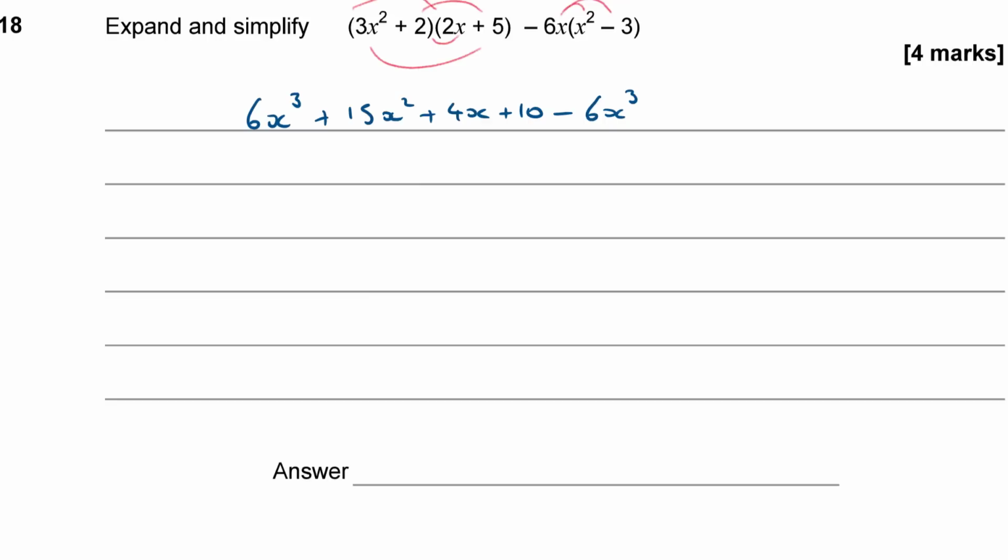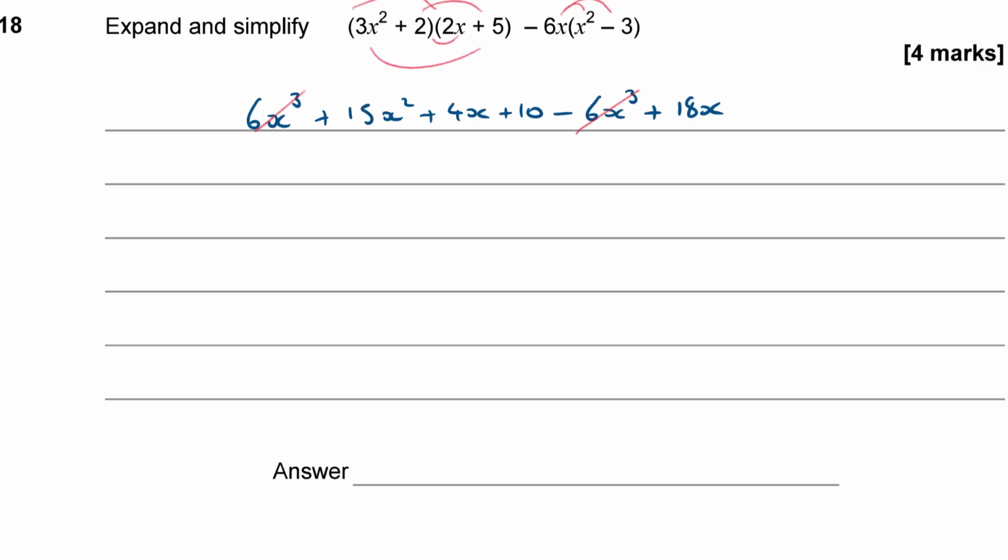And negative 6x times negative 3, a negative times negative is a positive, and 6x times 3 is 18x. Okay, so we've multiplied everything out now, so now it's just a matter of collecting like terms. I've got a 6x cubed term at the beginning and another one further in, and one is positive and one is negative. So those two are just going to cancel each other out.